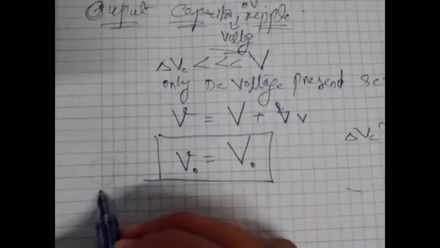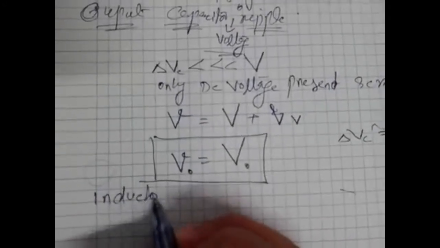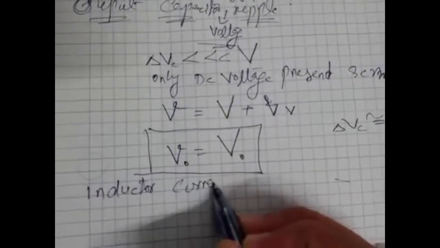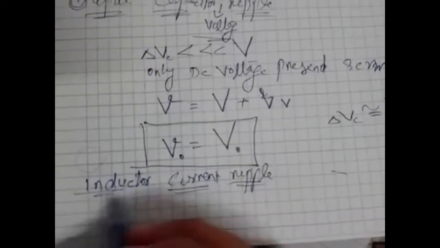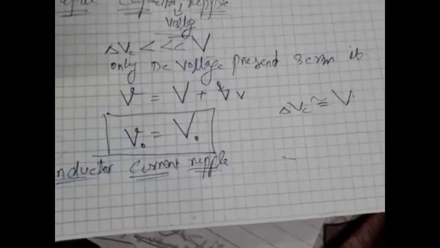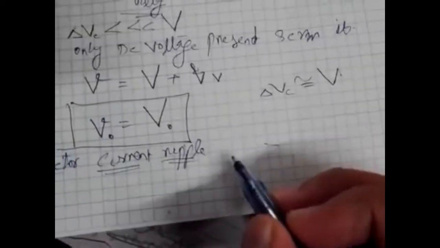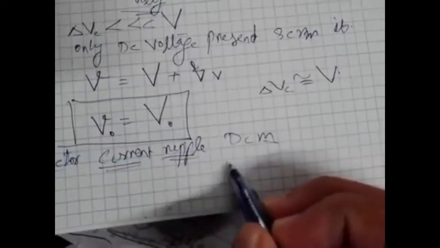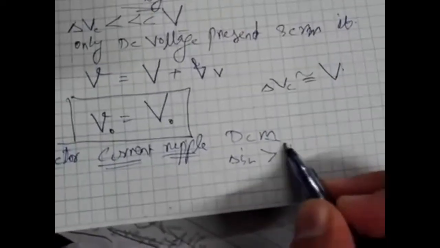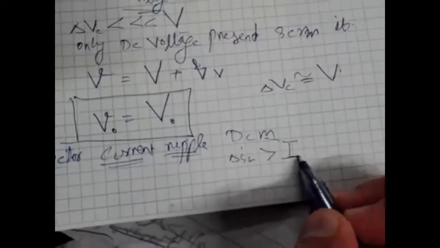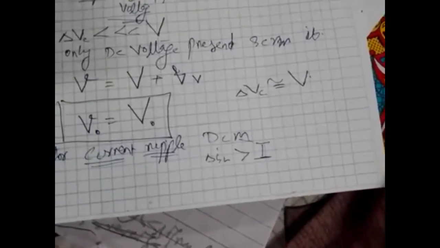Now let's look at the inductor current ripple. As I already discussed in my previous video, in DCM the inductor current ripple is greater than the DC current flowing through the inductor.